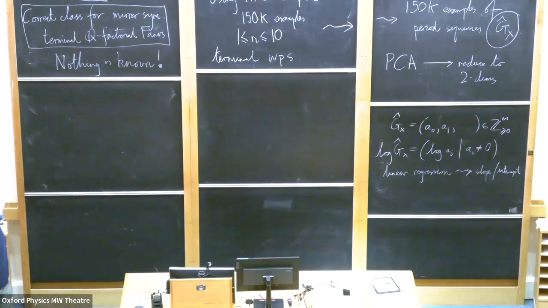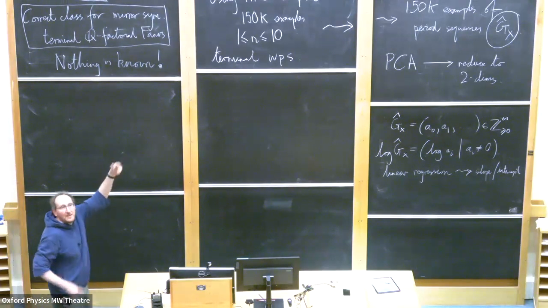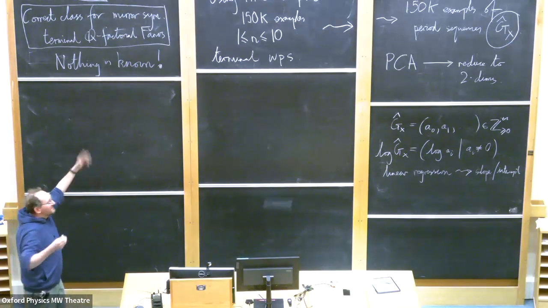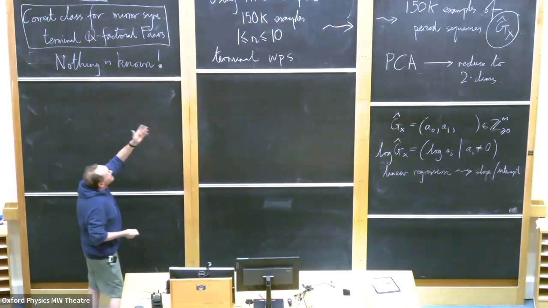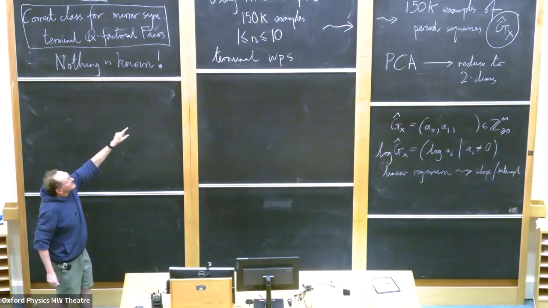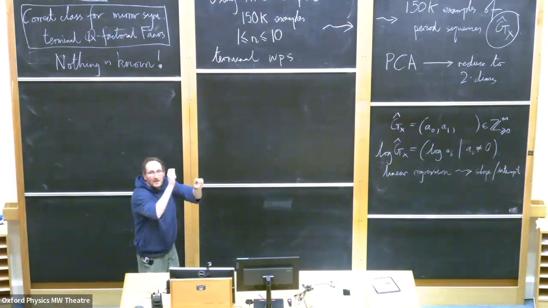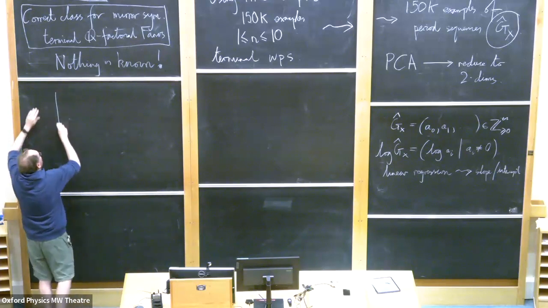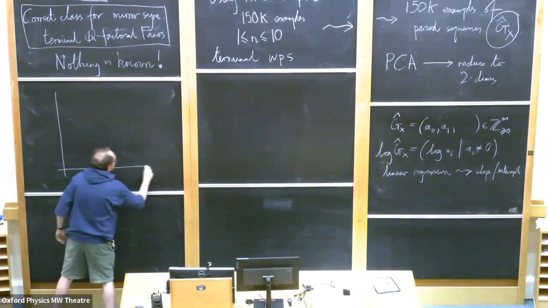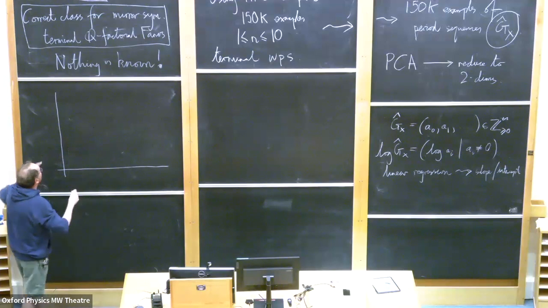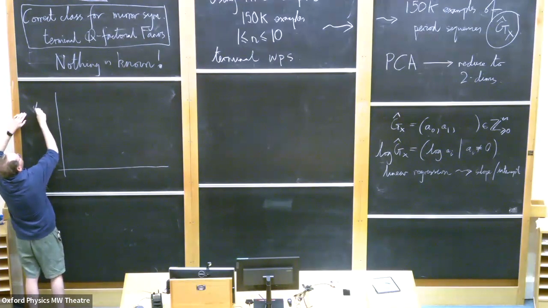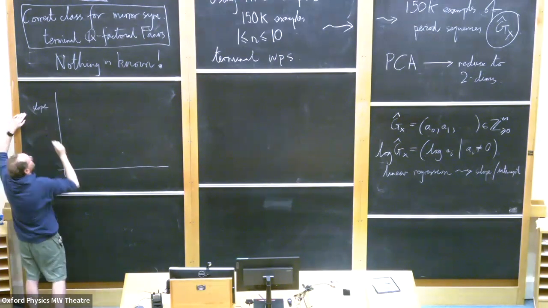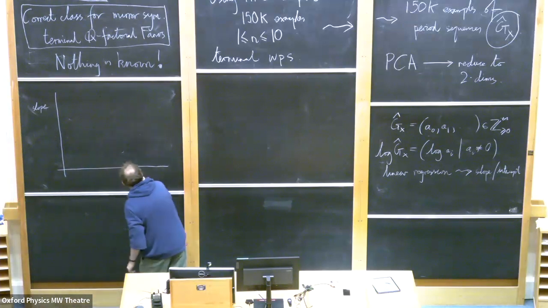But once you know that, at least you have a way of taking these 150,000 examples and making a plot of them. Because, thank goodness, this is 2-dimensional. So now every period sequence is just a little pair of points. And so you can plot, I forget which way around this should be, it doesn't really matter, slope here, intercept here.